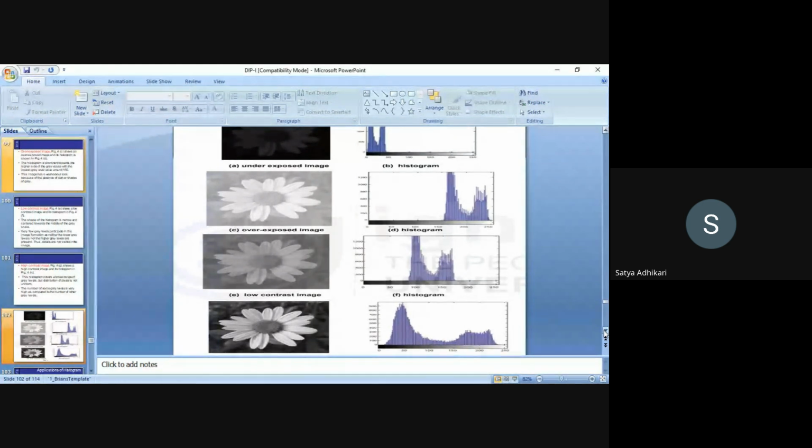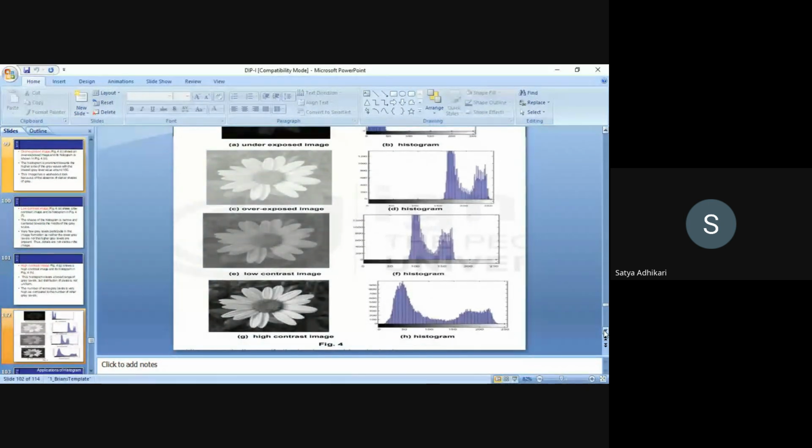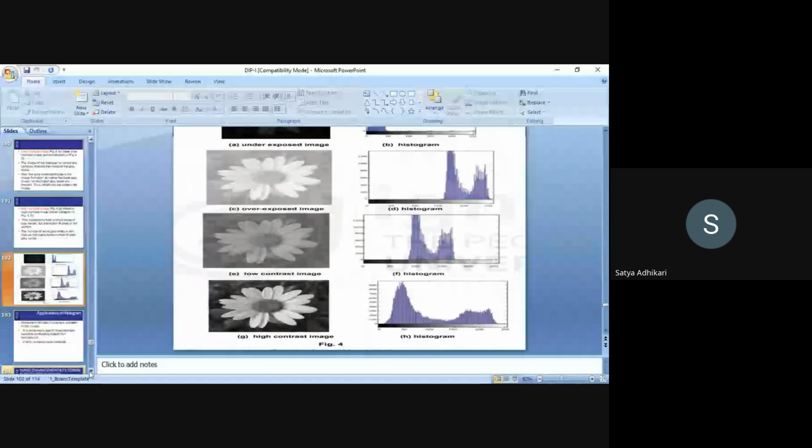So as you compare, the fourth image, the last one, is the more prominent. So the histogram gives this information about a picture.